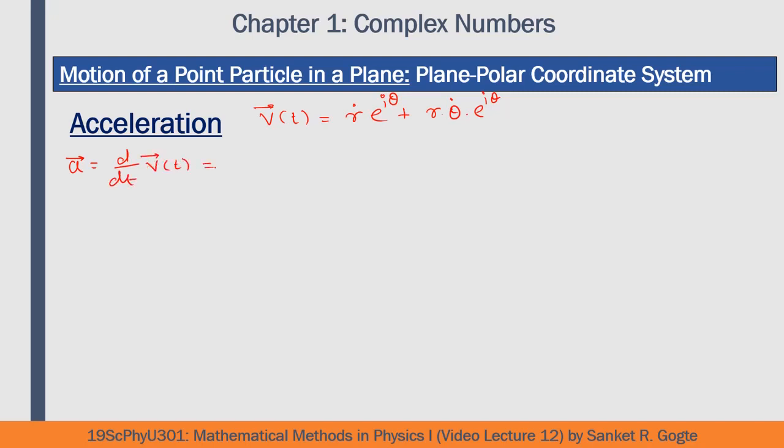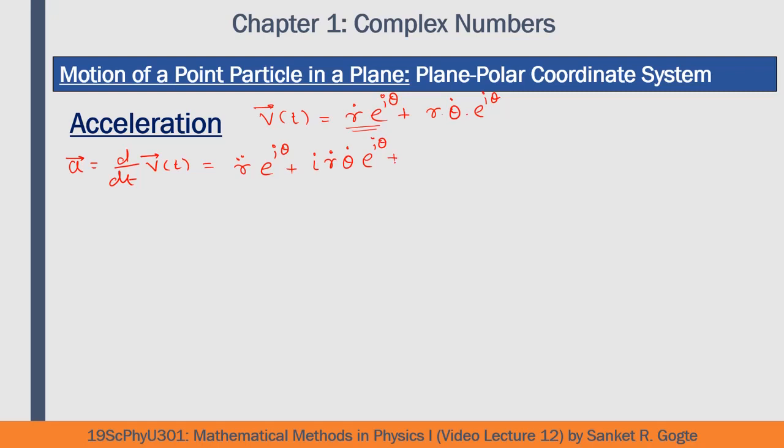I'll first differentiate the first term, which will give me two terms. It is therefore r double dot e to the power i theta plus i r dot theta dot e to the power i theta.